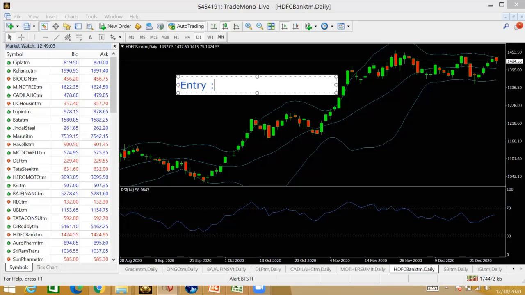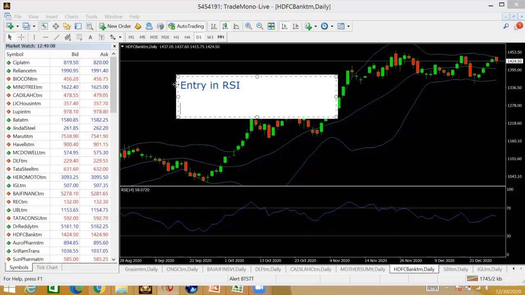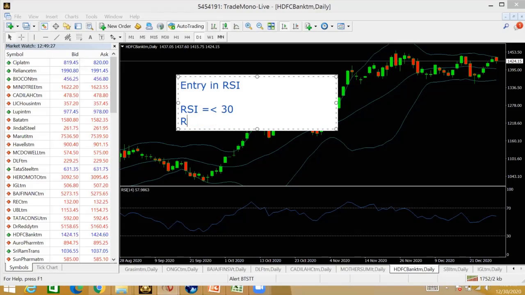Entry in RSI is when the RSI is equal to or less than 30. This is an entry. Another entry is when RSI is equal to or greater than 70. These are the two entries.